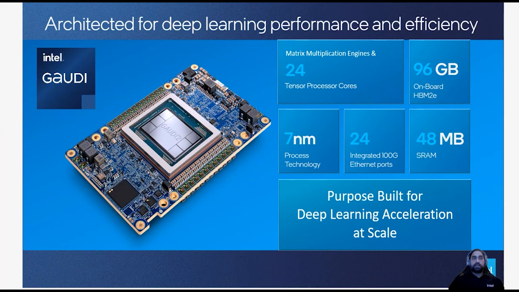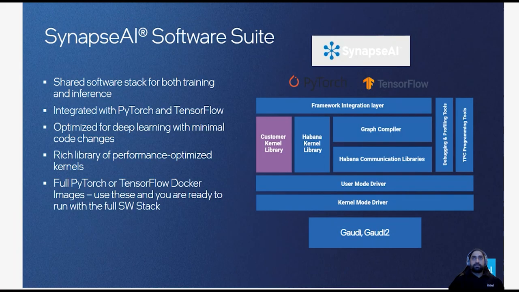Now let's look at the software stack. This is the Synapse AI software suite that runs on the Gaudi 2 AI accelerator. It's a shared software stack for training and inference both. You use the same code for running training and inference. This is fully integrated with PyTorch and TensorFlow. We support both frameworks. It's optimized for deep learning with minimal code changes.